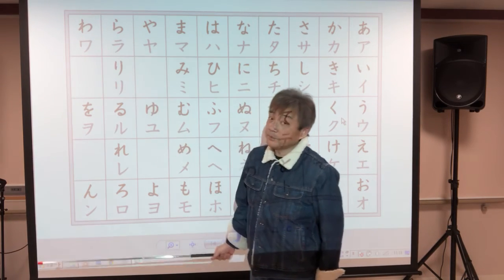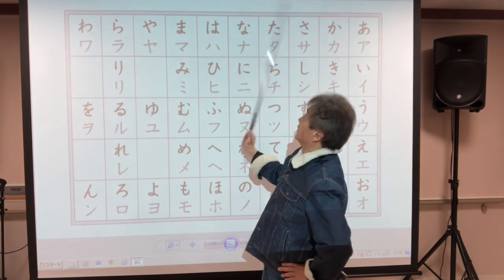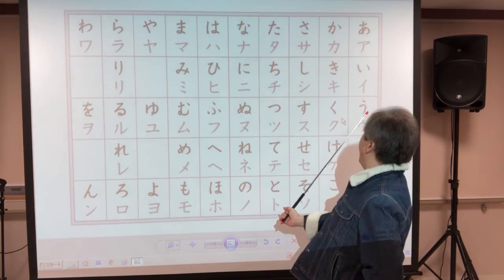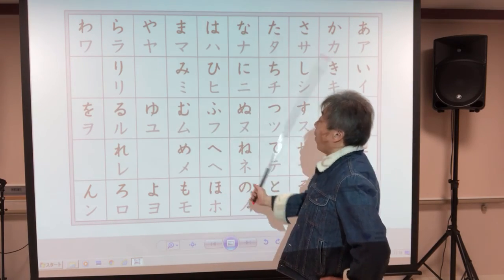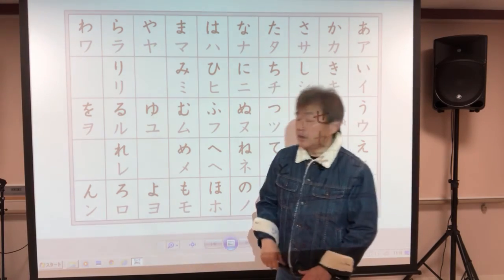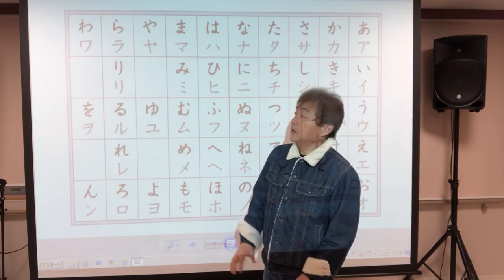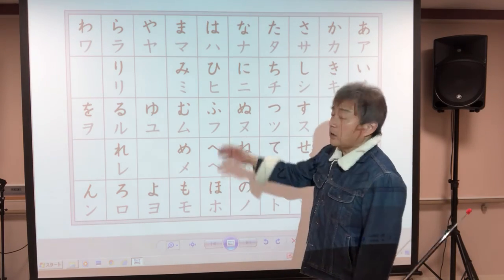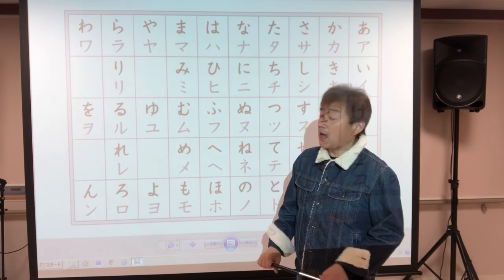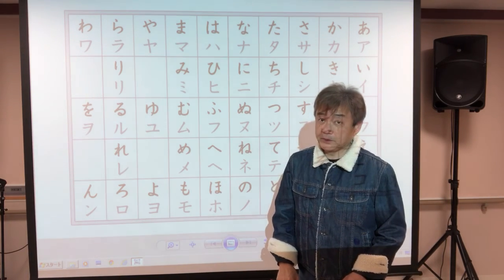Wa, wo. The very last one is very, very special. The numbers of hiragana and katakana come to 46 in total.